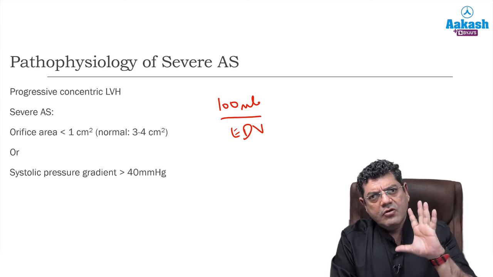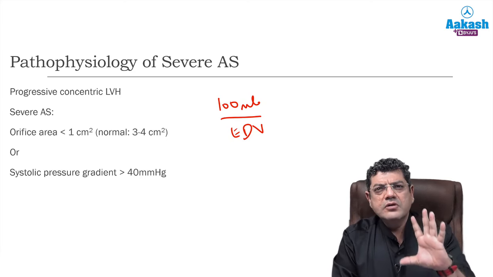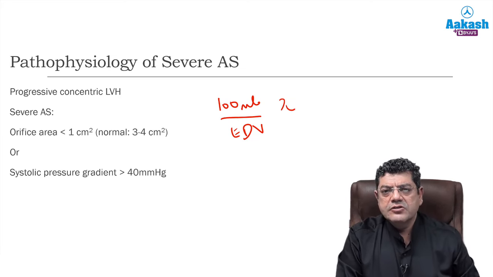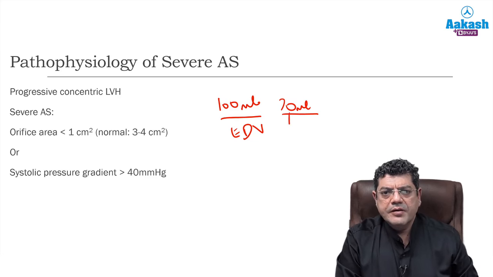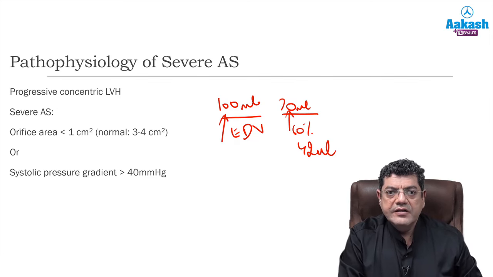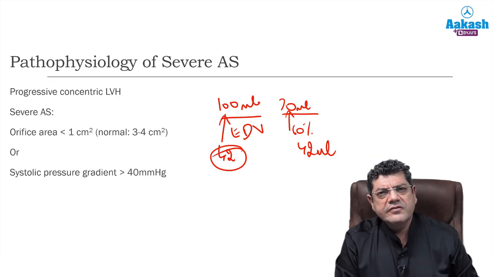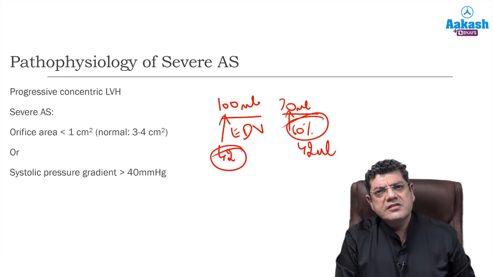So if the normal left ventricle has an end diastolic volume of 100 ml, a poorly compliant, stiff, hypertrophied left ventricle, this drops to 70 ml. Now, the hypertrophied left ventricle can pump out about, let's say, 60% of this, which will work out to 42 ml, right? If the left ventricle were to pump out 42 ml of this, ejection fraction would be 42%. Whereas here, this ejection fraction is 60%.